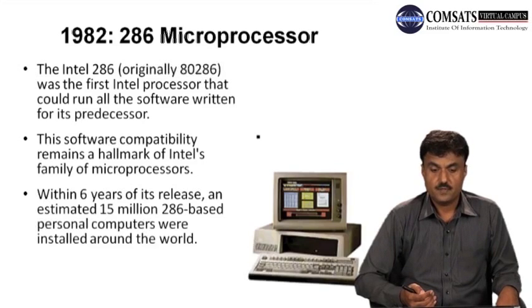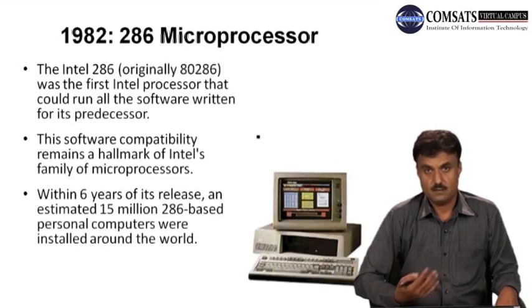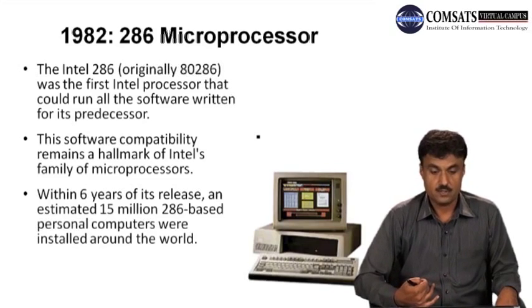This software compatibility still remains a hallmark of Intel's family of microprocessors. Like the software that we write for the 286 can also run on Pentium 1, Pentium 2, as they are backward compatible.